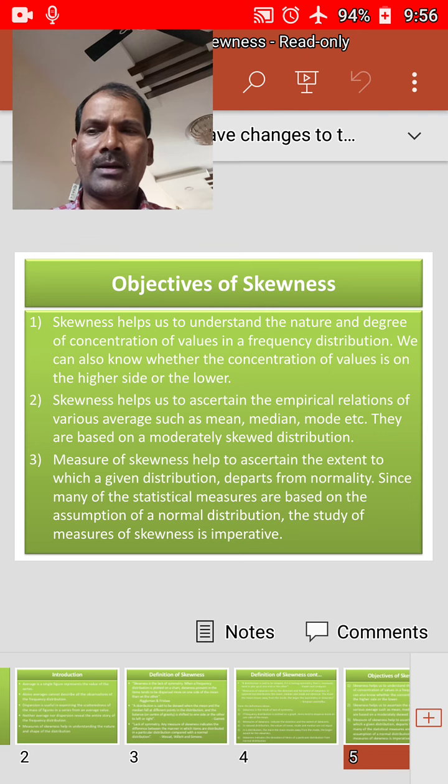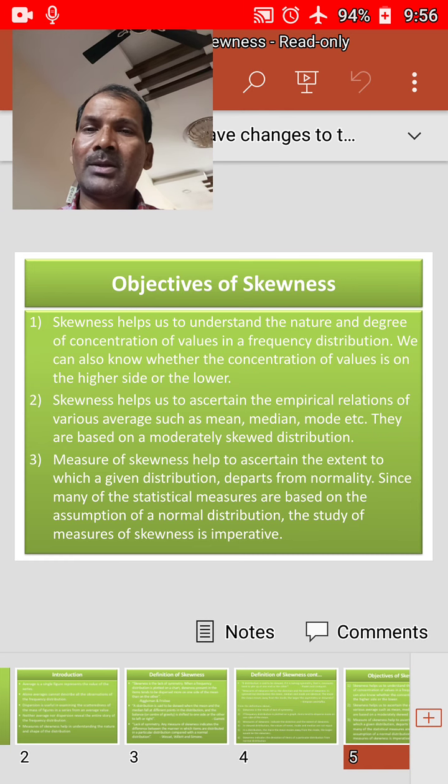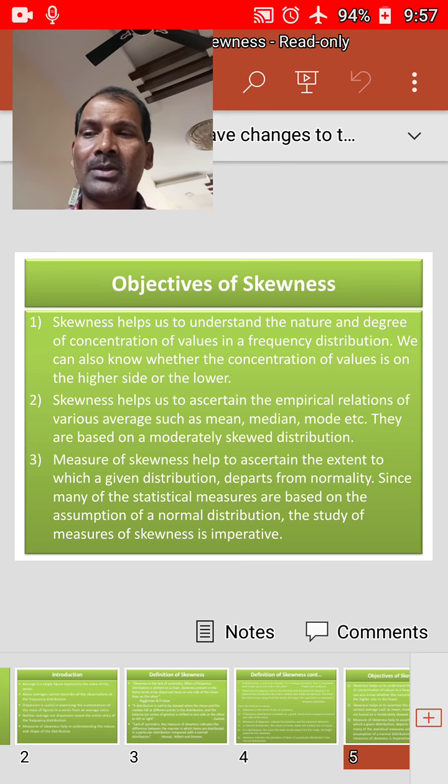They are not equally distributed, which means they are located more on one side and less on the other. Which side, higher or lower, has more concentration can be known with skewness.